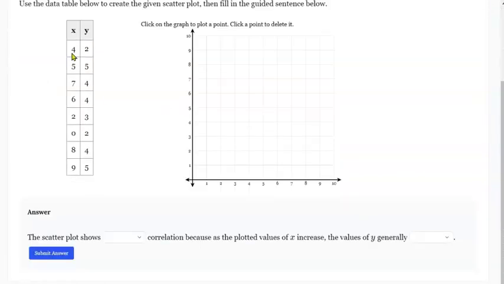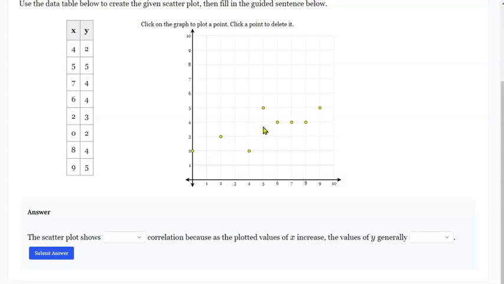Again, I'm going to plot these 8 data points. Once the data points are plotted, you're going to think to yourself, as you're reading from left to right, are the dots scattered everywhere? Or could you draw a pretend line through here, like a line of best fit, where half of the dots are above and below it?